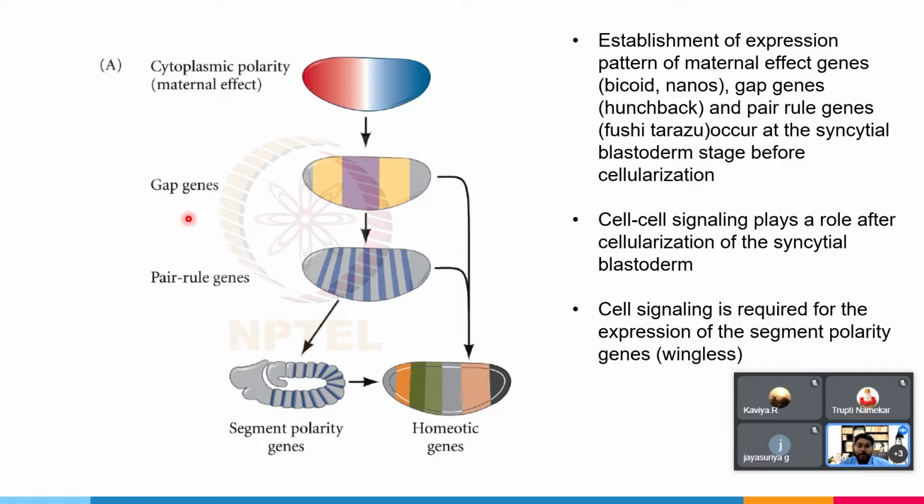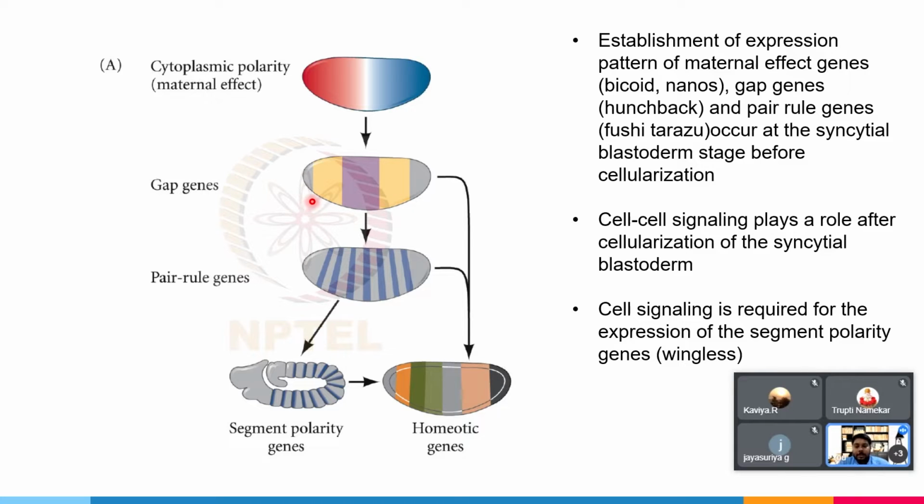In the following step, starting with the gap genes, little by little the zygotic transcription starts, and various zygotic factors such as zygotic hunchback and various others play a role in order to form this particular gap gene pattern, in which alternate gap genes inhibit each other, and those which are close by help each other to be expressed, and thus we have a very broad stripe-like pattern being expressed via the gap genes.